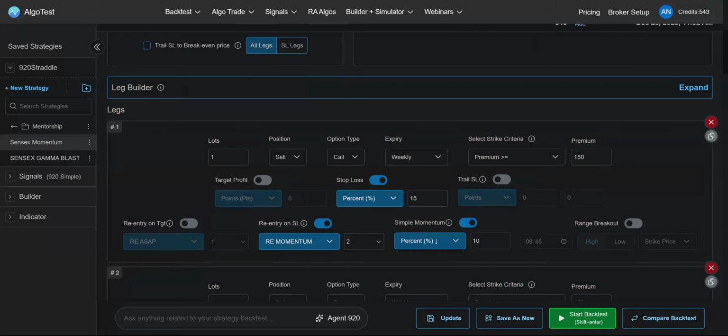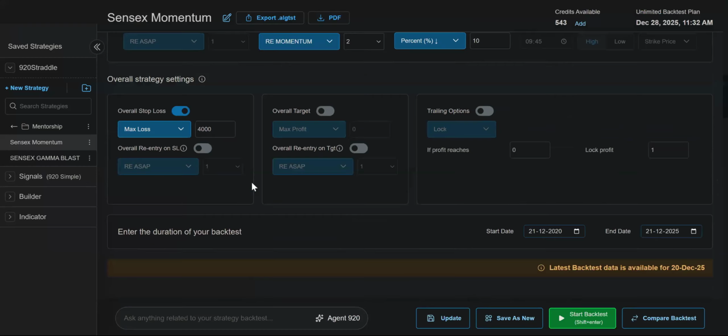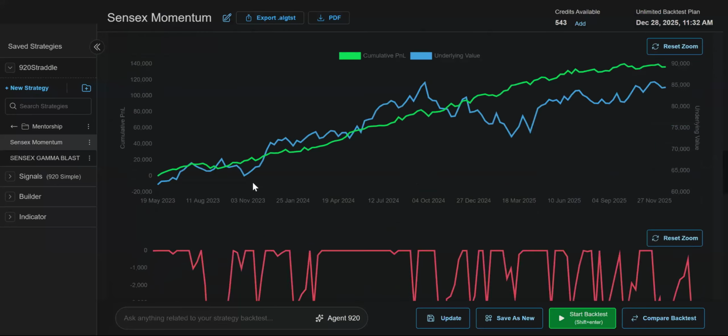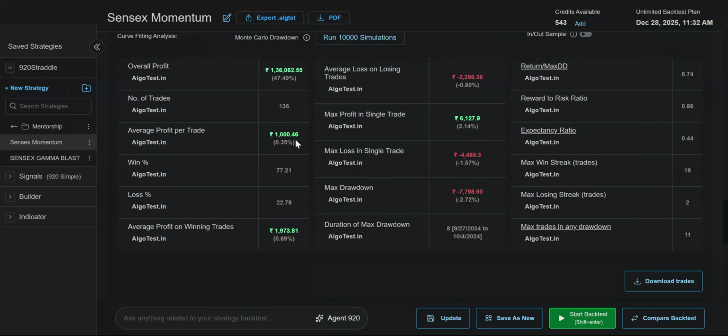So even if you get 5 SLs in a day, then only you will be ending up at break even. That is the core philosophy behind this strategy. That is why the win rate is high, 77%. The reason being, if it survives 5 SLs, then it will probably end up in profit.